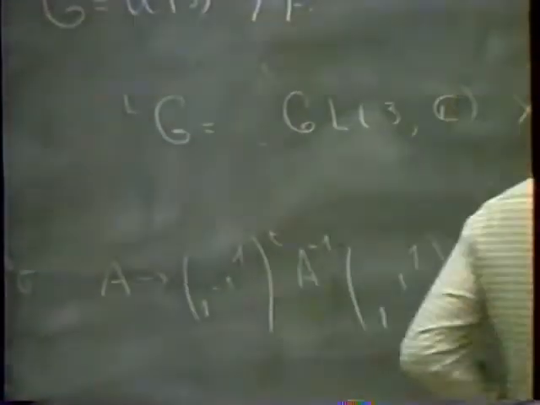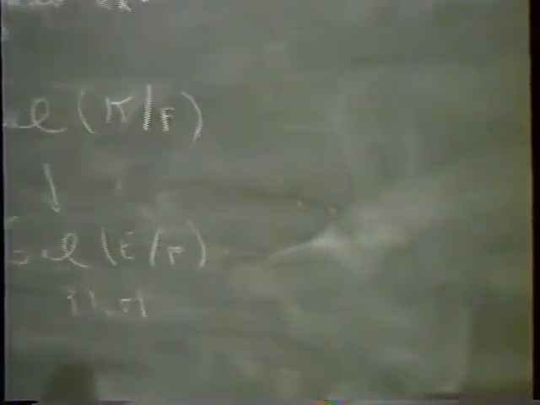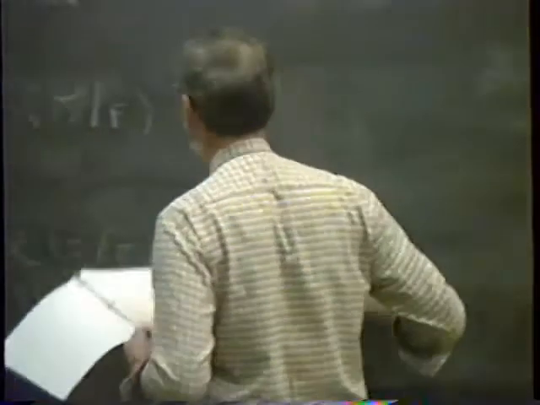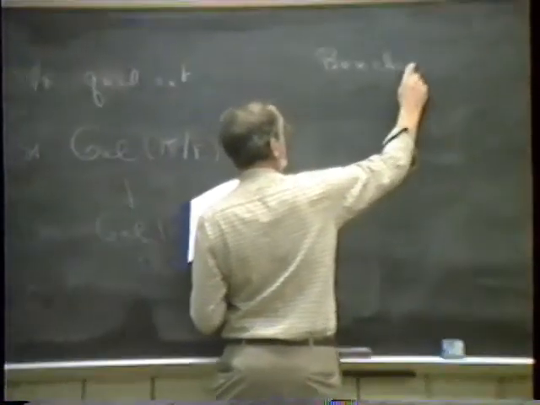Now, last time I mentioned base change, I mentioned it for GLN, but one can think of base change for any group. So what's base change here? I don't need an arbitrary base change, although one could.